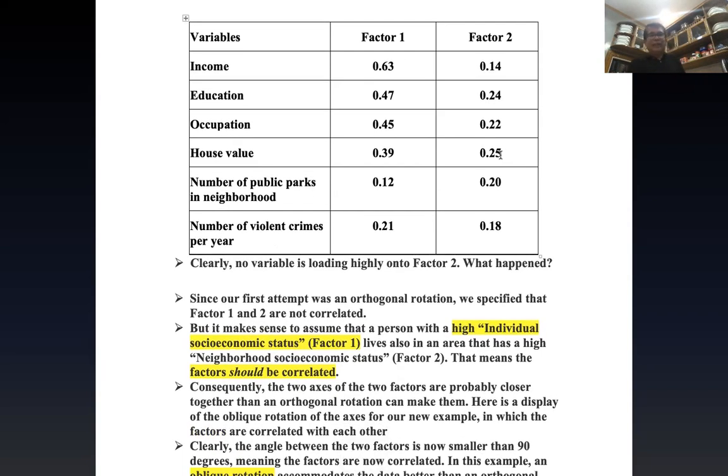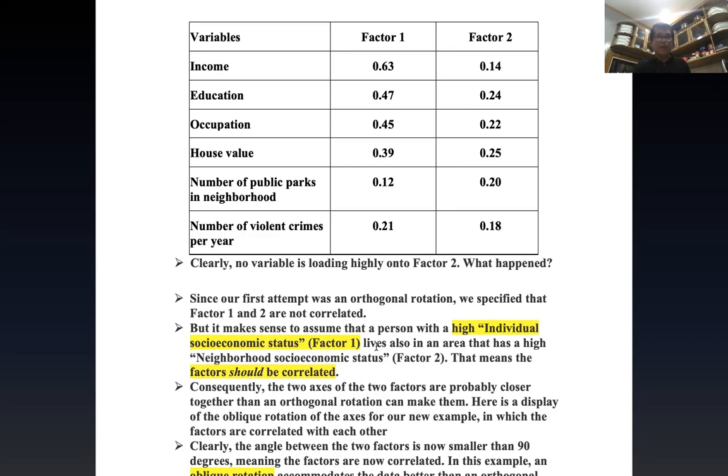Since our first attempt was an orthogonal rotation, we specify that factor 1 and factor 2 are not correlated. But it makes sense to assume that a person with high individual socioeconomic status, factor 1, also lives in an area that has a high neighborhood socioeconomic status, factor 2.